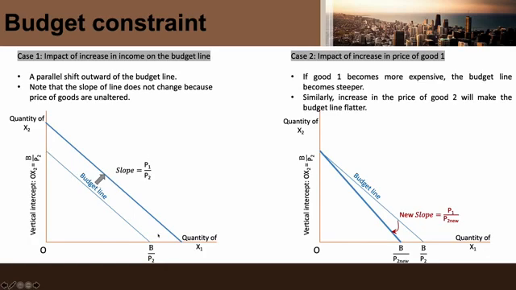So essentially the budget line will move parallel and outward. If the income is increasing, which means your budget B is increasing, you would be able to consume more of good 1 and good 2, or a combination of both, with the increase in budget.